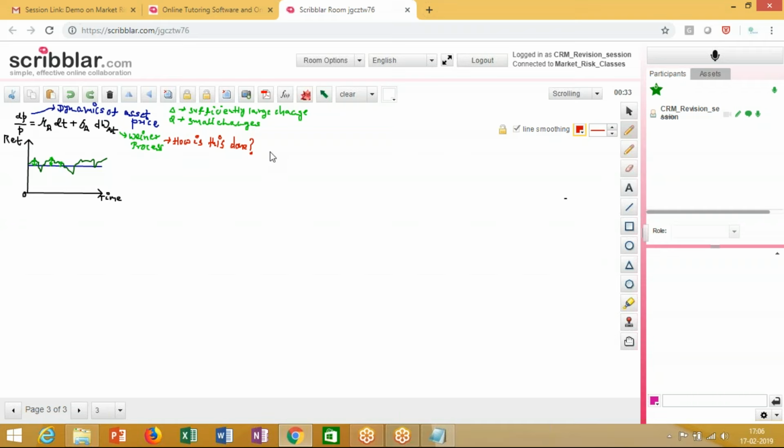The Wiener variable, very simply, as we had discussed in the last class also, is a variable which is normally distributed with mean 0 and a variance of t minus s. So this is how it is defined.